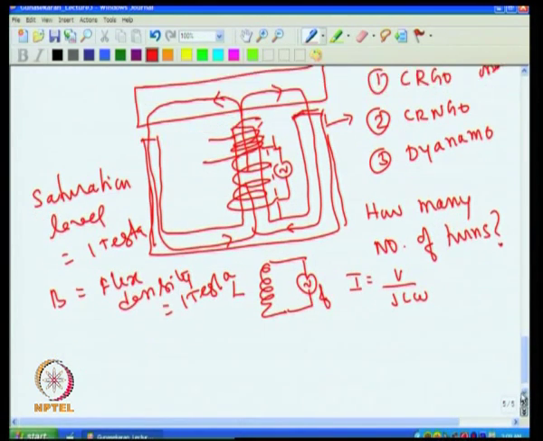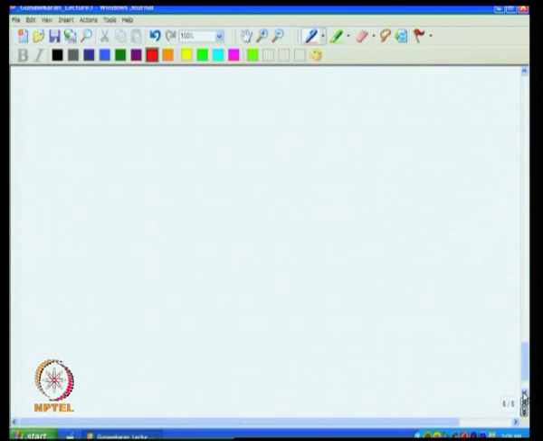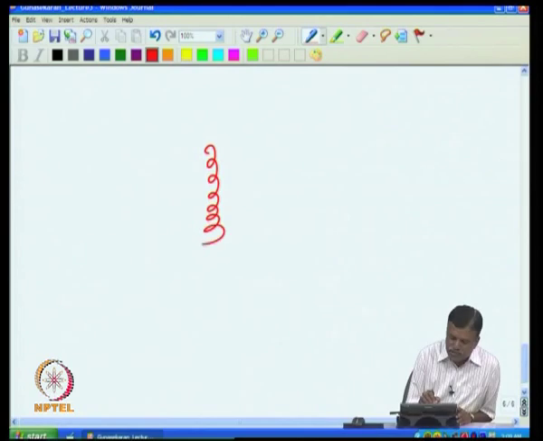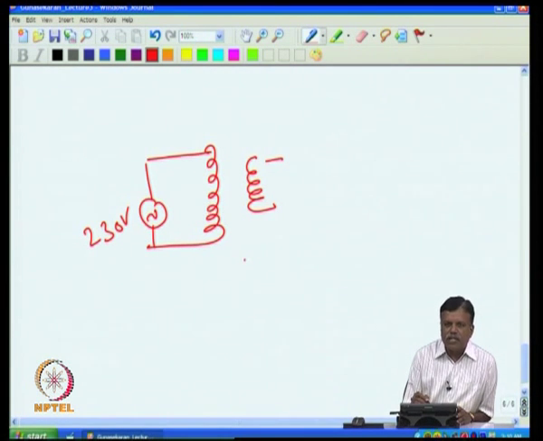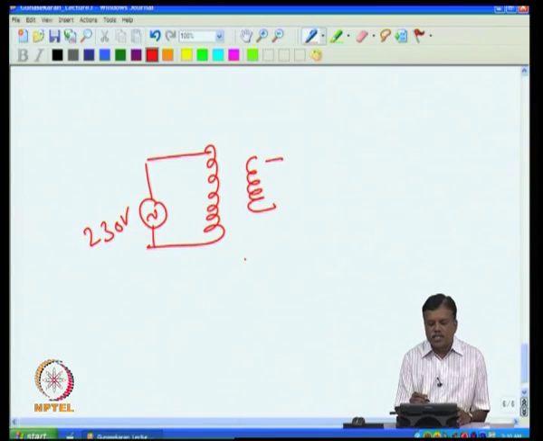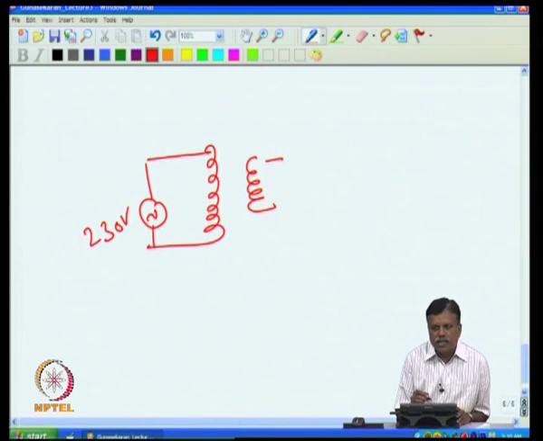basically what is done in transformer design is, I will put the number of turns such that if I connect the applied voltage, say in this case 230 volts, in the primary, then whether a load is there or not in the secondary, I will first make sure that the flux generated by this coil in the core is exactly 1 Tesla, which is the saturation level of the core.